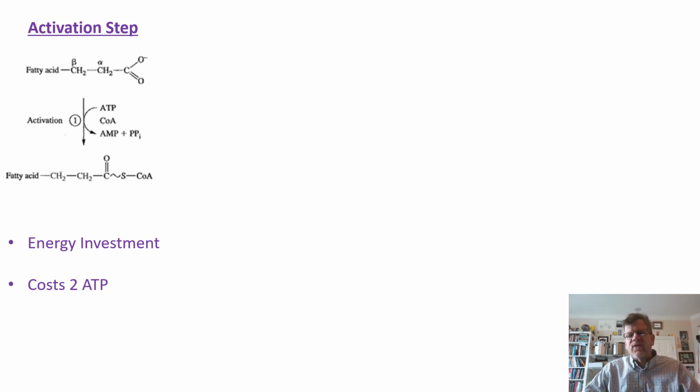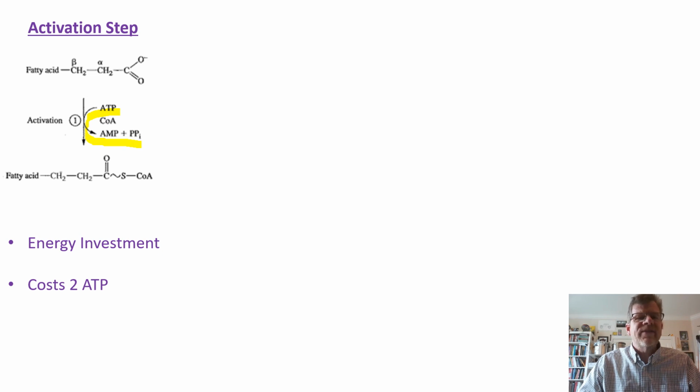And it says here it costs 2 ATP. And I'm going to say that is the equivalent of 2 ATP, because if we look at what is happening in that process, ATP is being converted to AMP plus 2 phosphates. PPi, it says there. That is 2 of the phosphates. So really, we're losing not 1 phosphate from ATP to become ADP, but 2 of them.